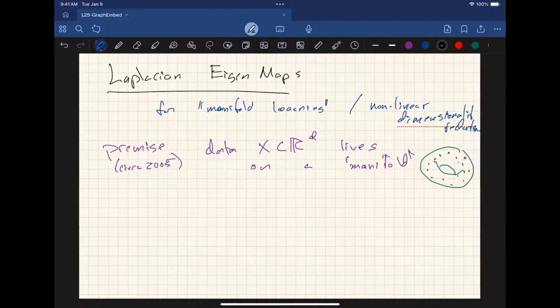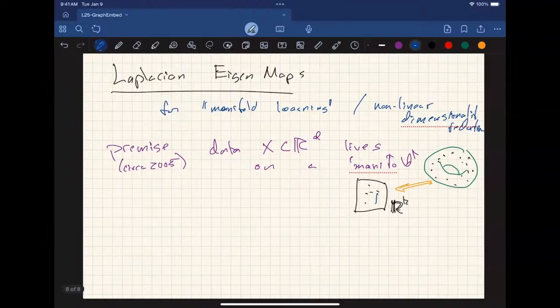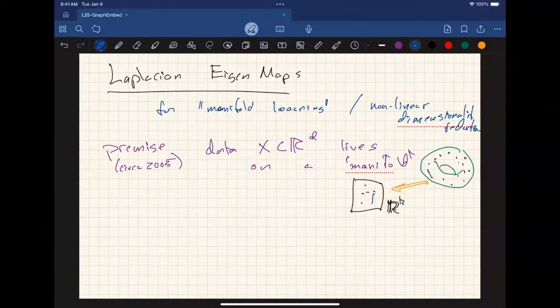So the idea is I want to map to some space which is R^k, some k-dimensional Euclidean space. So now the Euclidean distance between these data points corresponds with the distance between the points here.